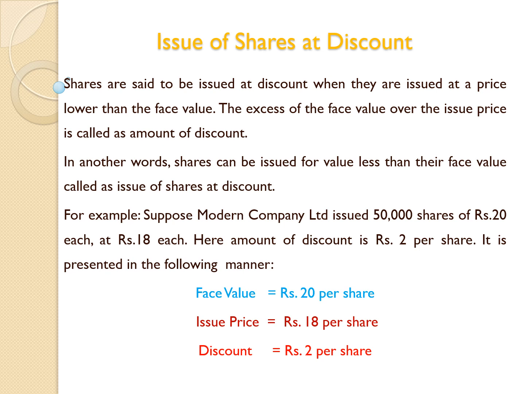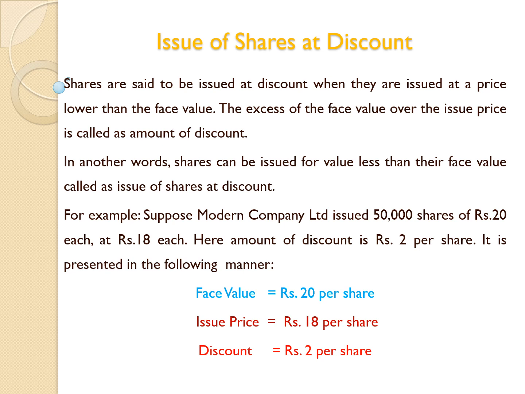For example, suppose Modern Company Limited issued 50,000 shares of rupees 20. Here the face value of each share is rupees 20. So a share of rupees 20 each is issued at rupees 18 each. Here the amount of discount per share is 2.